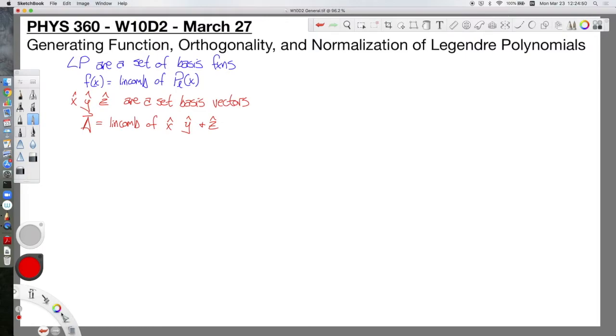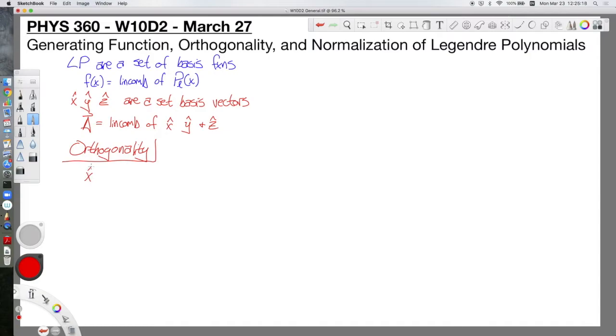But there are some other aspects of our basis functions or basis vectors here that we want to make sure the Legendre polynomials also obey. One of them is orthogonality. Our basis functions are generally orthogonal to each other if we have as few of them as we can possibly have.